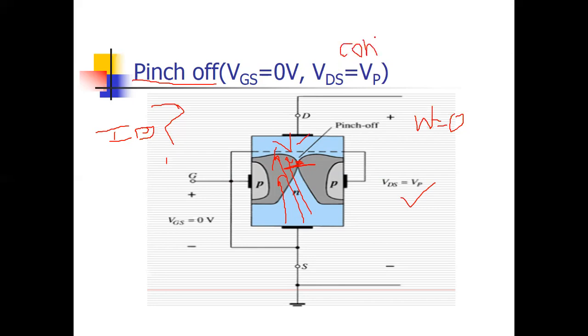Understood? Again, listen carefully. At pinch off voltage, these 2 points join, so the width is 0, but since there is a barrier potential created in the depletion region, due to this barrier potential the electrons start to move again and current flows.